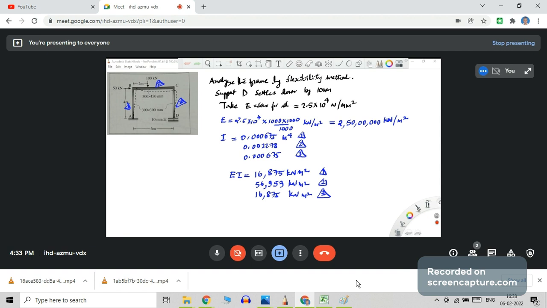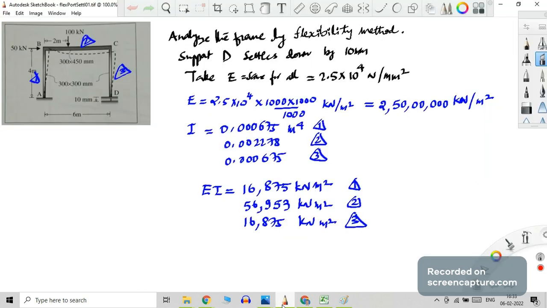So the support settlement of 10 will come into the small x vector directly. So our formulation is quite easy. This is a principle to be followed. Always look for a possibility of taking support settlements into the small x vector or redundant direction, or redundants shall be defined by keeping this in mind.